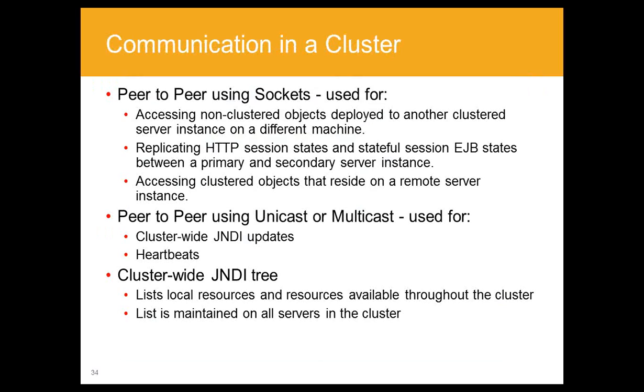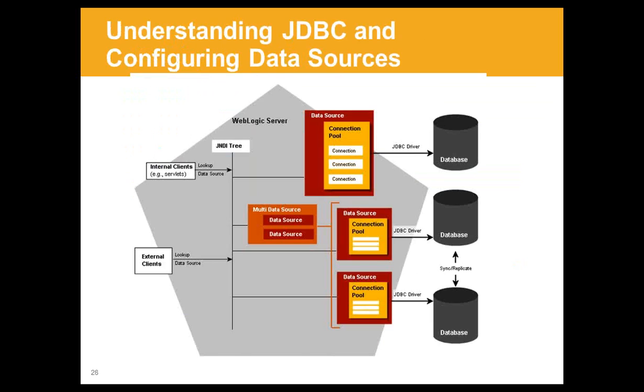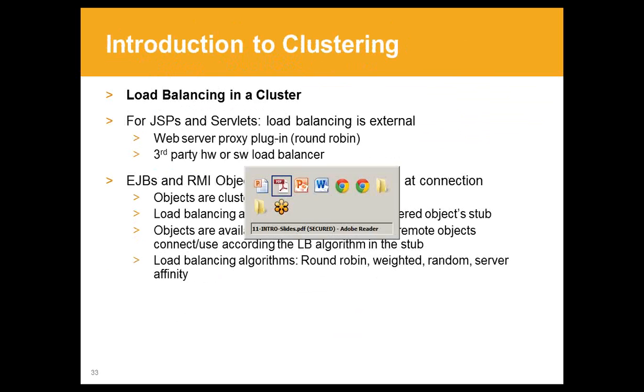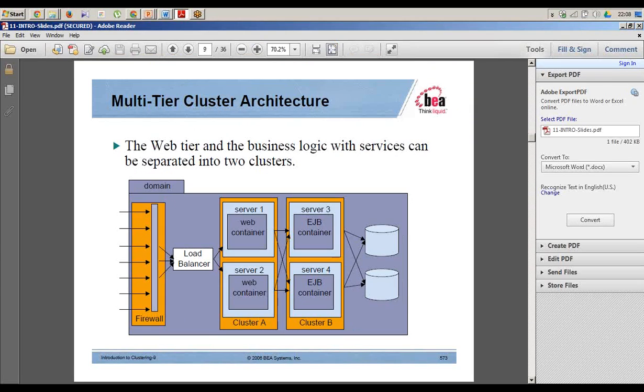So it's always better to do multi-tier, right? That depends. Usually you will be using the basic architecture setup itself. You will mostly have only the basic cluster architecture, unless your dev team asks you to use multi-tier cluster architecture, because it's their call if they want to separate the web container and the EJB container.